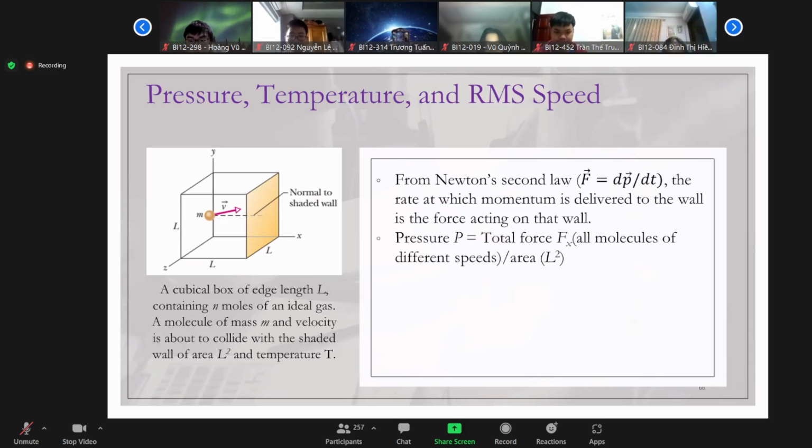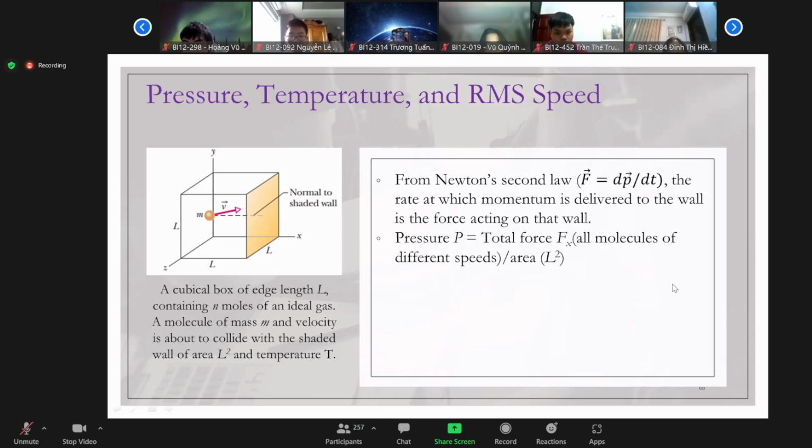Actually, we can have another expression, another relationship. This is for the force, and this is for the pressure.